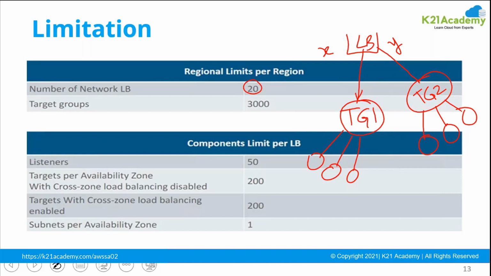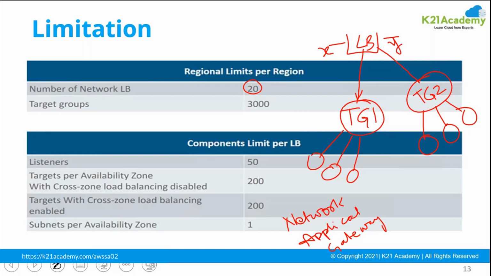So I can have a virtualization of the load balancer happening if I'm using the advanced load balancers with Amazon. The advanced load balancers are your network load balancer, your application load balancer, and your gateway load balancer. The classic load balancer does not support this feature of target groups.